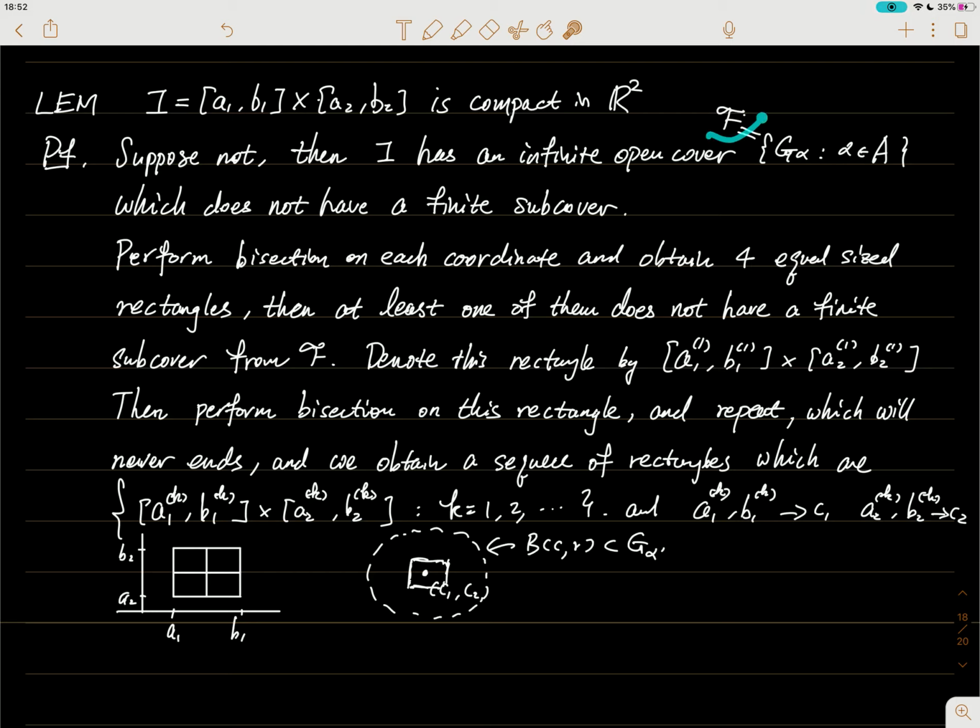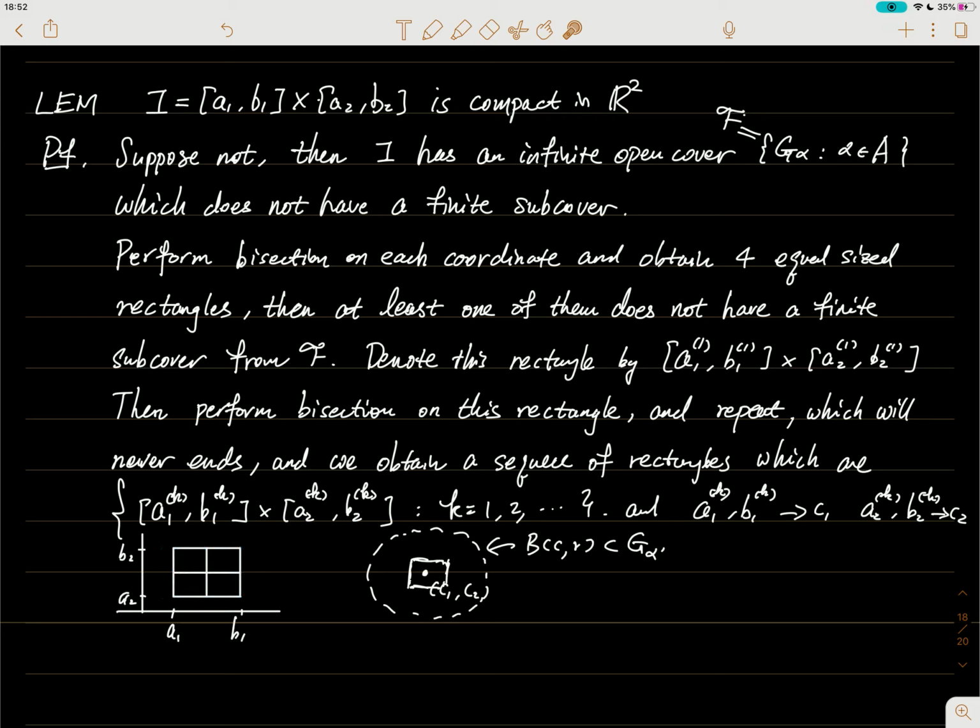I call it F. So F is a collection of open sets, A is the index set, and alpha is the index. So I have infinitely many open sets that together cover this box.